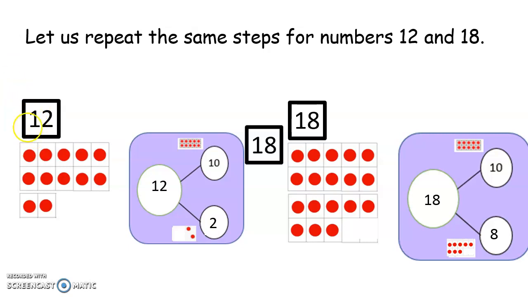Straight away we know we've got one group of 10 because the first number on the left represents one group of tens. So we take the 10 and we put that in the tens column at the top. At the bottom, we know we've got 2 units. So we've got one group of 10 and we've got 2 units.